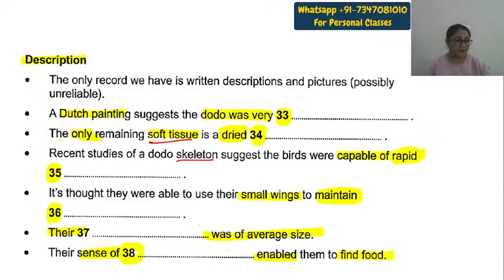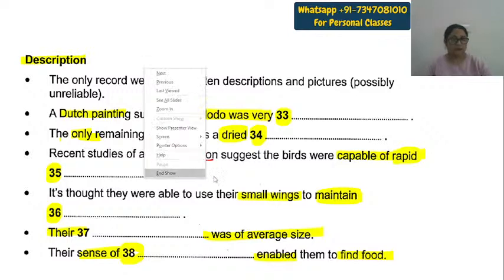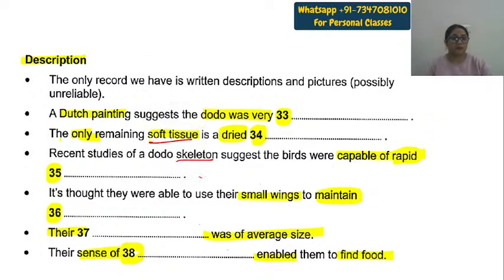For example, early accounts of the birds mention how slow and clumsy it was. But scientists now believe the bird's strong knee joints would have made it capable of movement, which was not slow, but actually quite fast. In fact, one 17th century sailor wrote that he found the birds hard to catch.